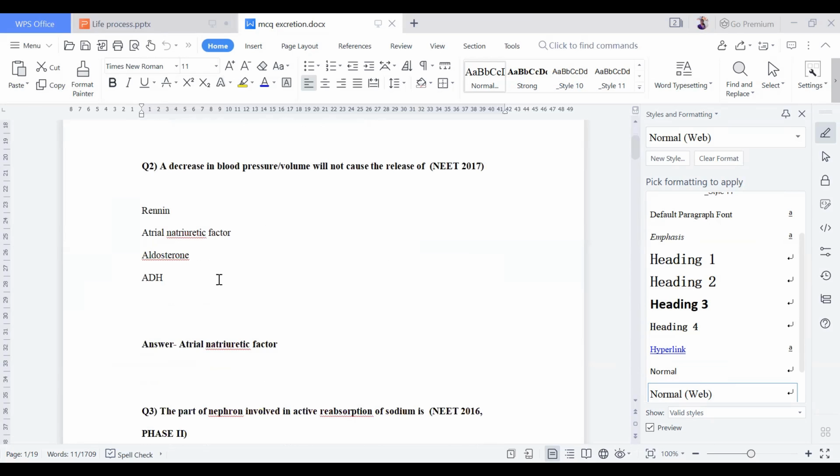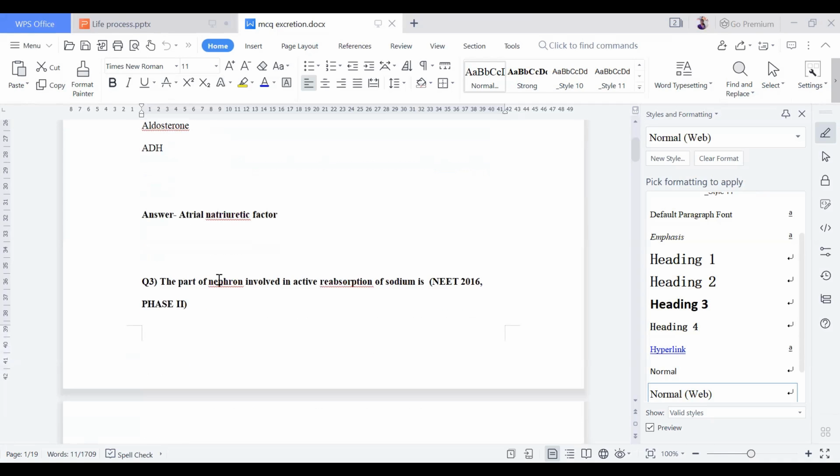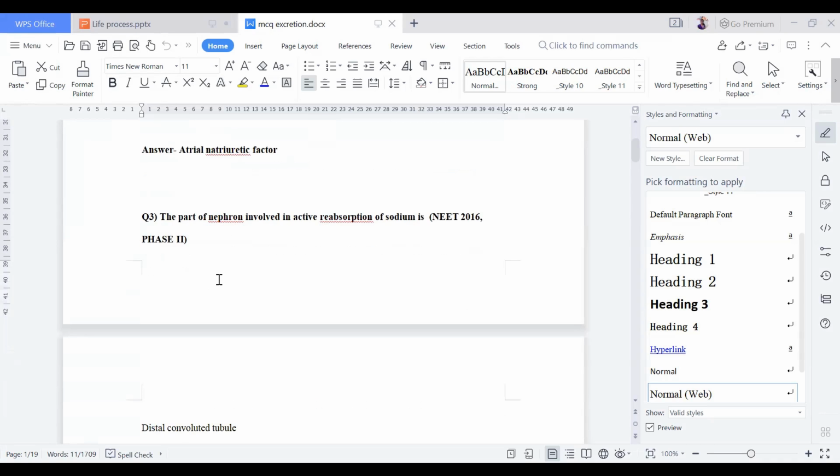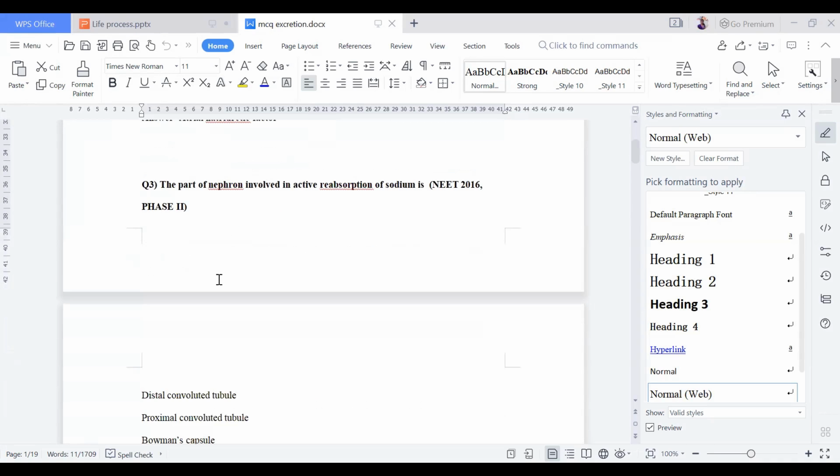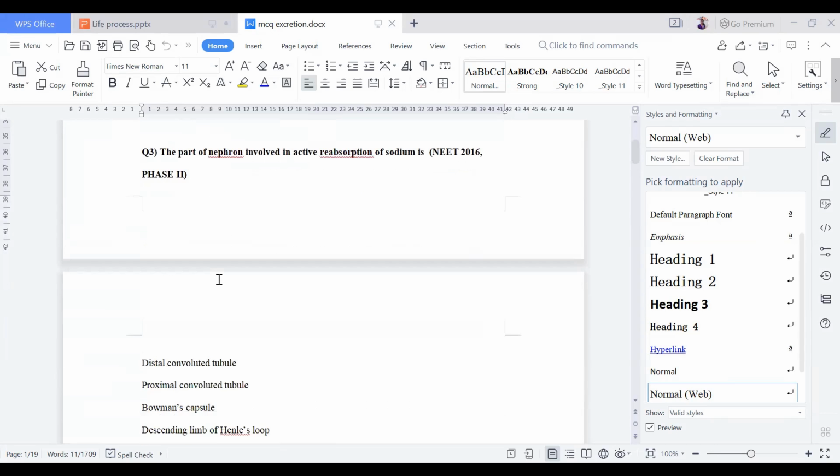Next one. The part of a nephron which is involved in active reabsorption of sodium is: option A, distal convoluted tubule; option B, proximal convoluted tubule; option C, Bowman's capsule; option D, descending limb of Henle's loop.